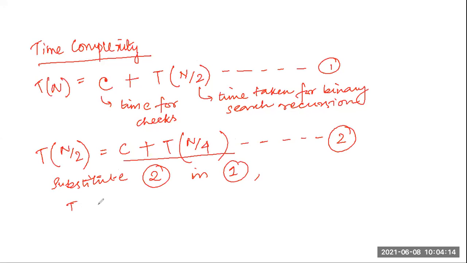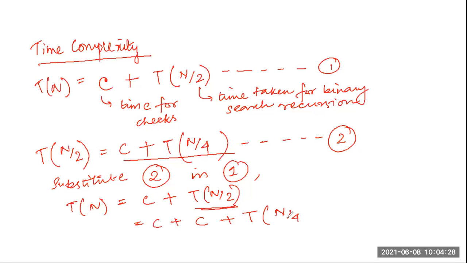So my T(n) will be C plus T(n by 2), whereas here I will substitute C plus T(n by 4), right? That means T(n by 4) plus 2C. Suppose this is my equation number 3.